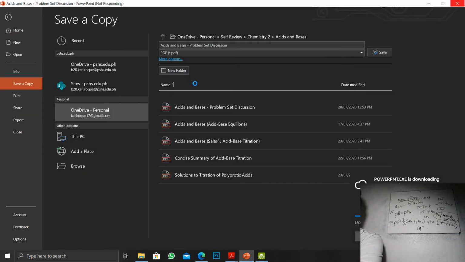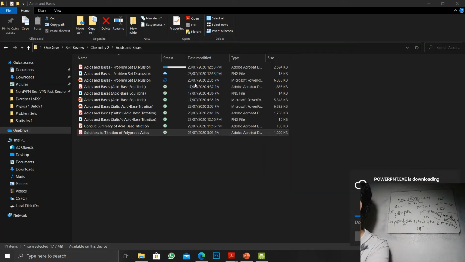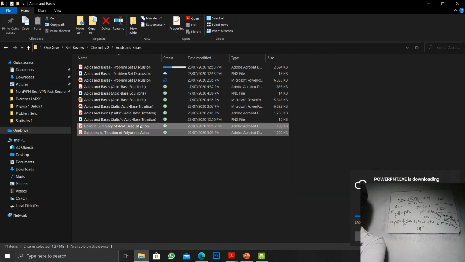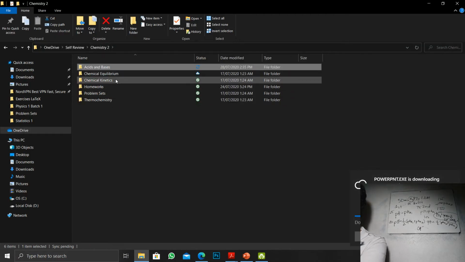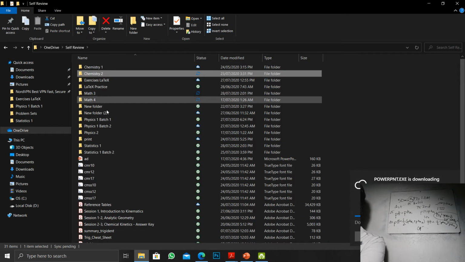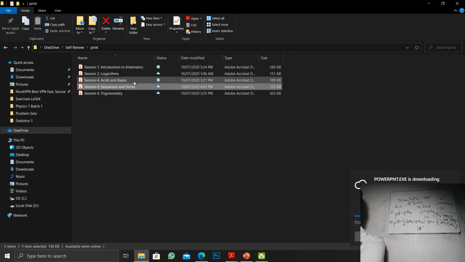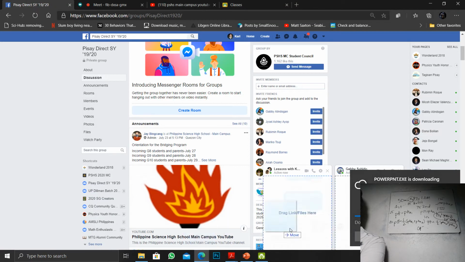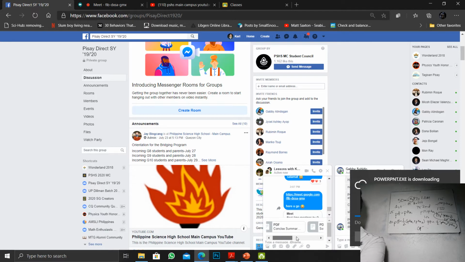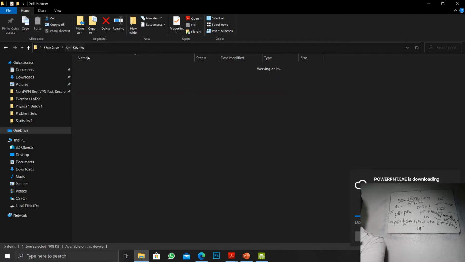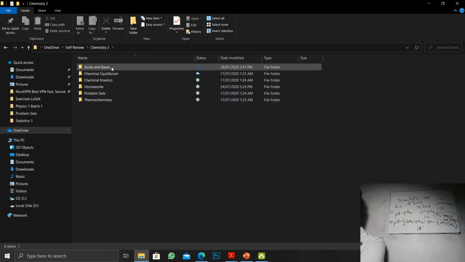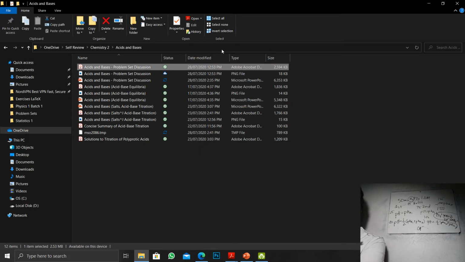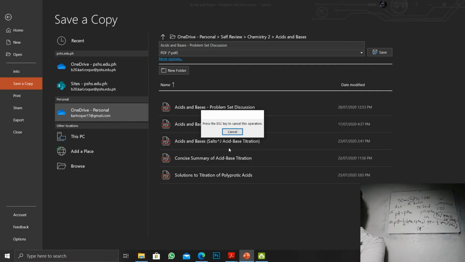Kaya guys, ito, mahirap din to. Kaya guys, nagsasave pa yung PDF nito.